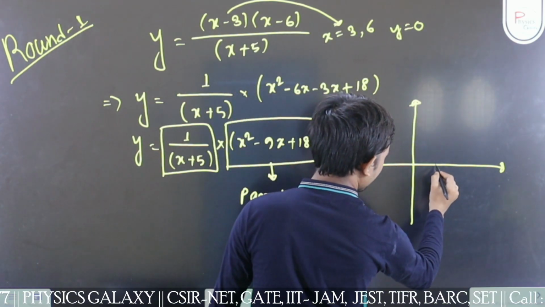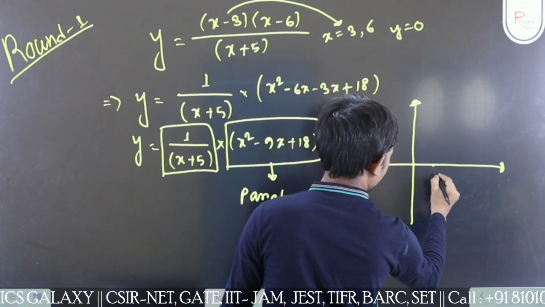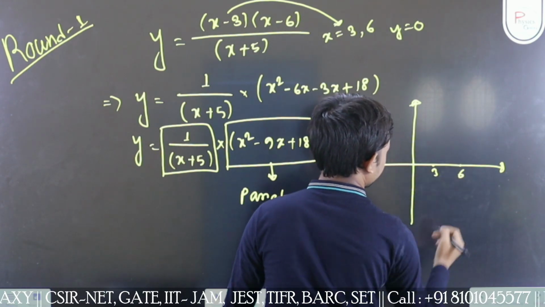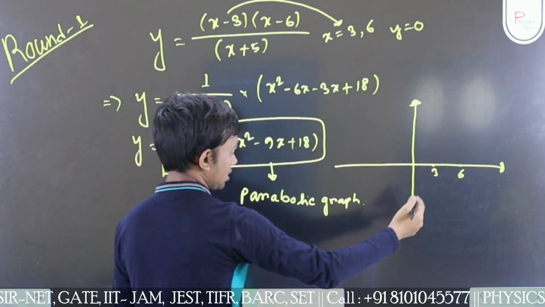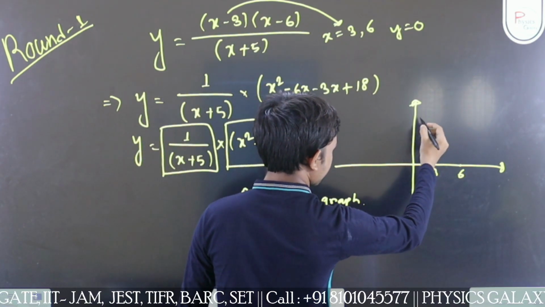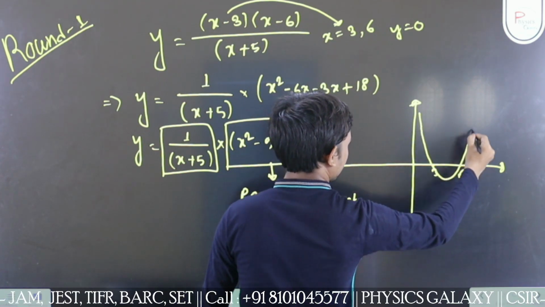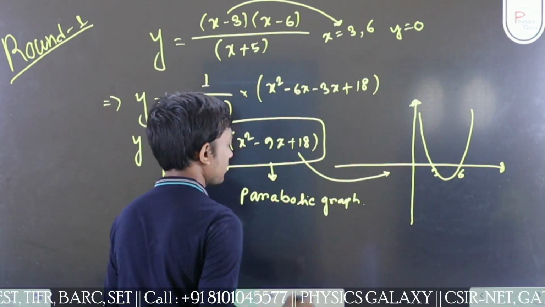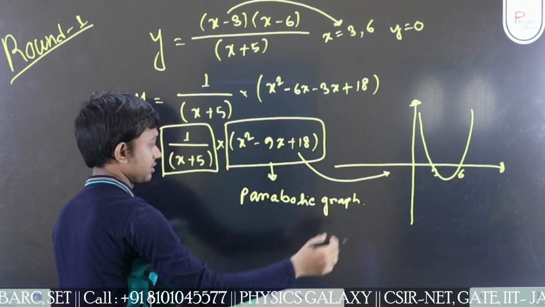Means this is 3, and I assume this is 6, and the graph will move like this.